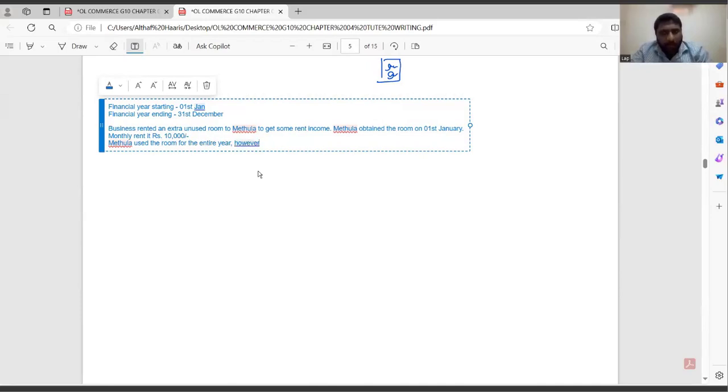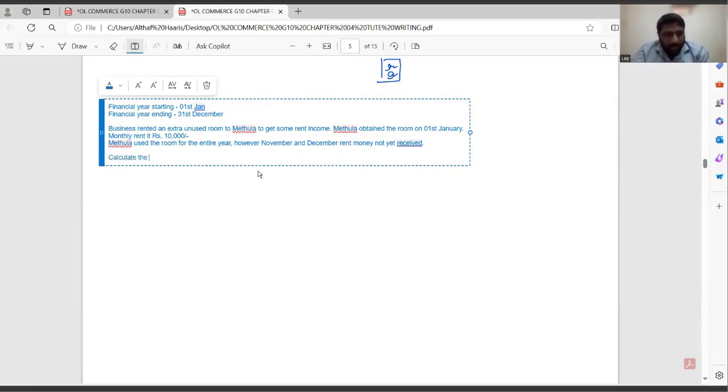However, November and December rent money not yet received. Calculate the rent income for the financial year.